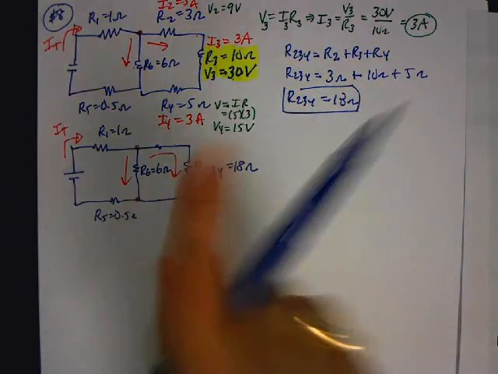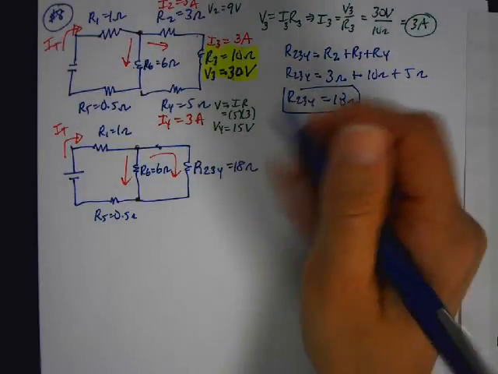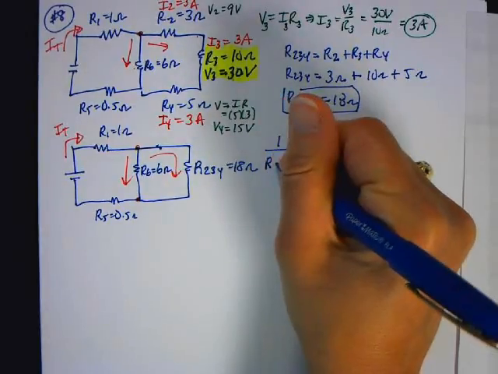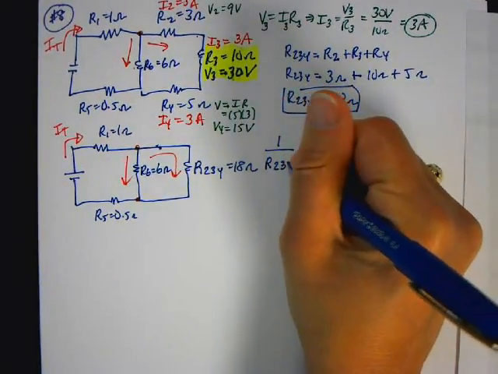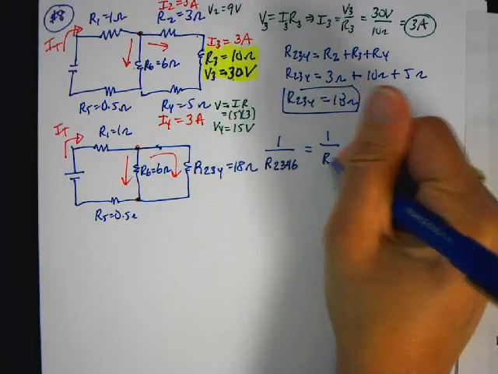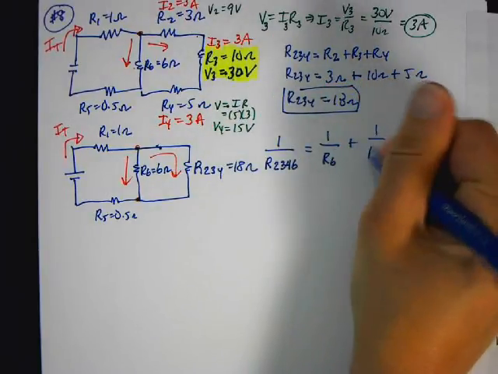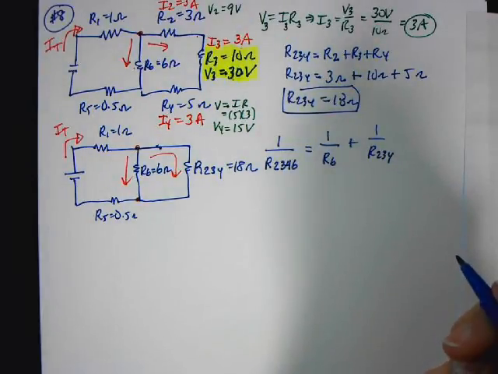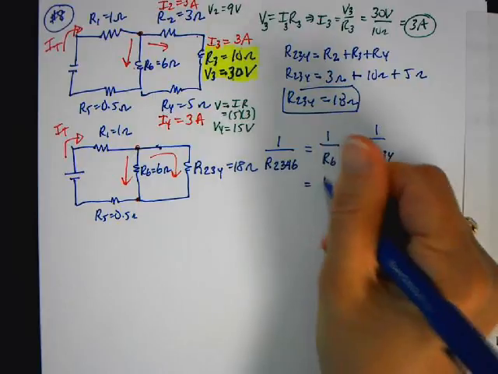So to add resistors in parallel, 1 over R, and I'm going to call that R2346, is equal to 1 over R6 plus 1 over R234. So that's equal to 1 over 6 plus 1 over 18.